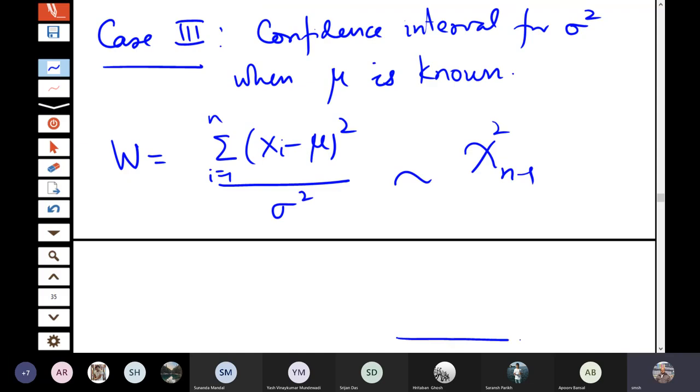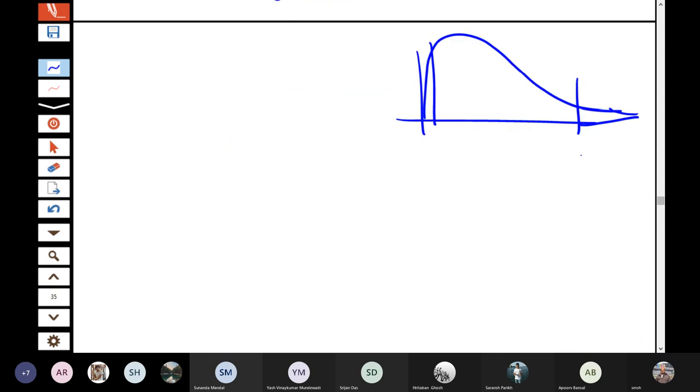So chi-square distribution, as you know, is a positively skewed distribution. However, we will choose two values here, chi square alpha by 2, n, and on this side we will choose chi square 1 minus alpha by 2, n.